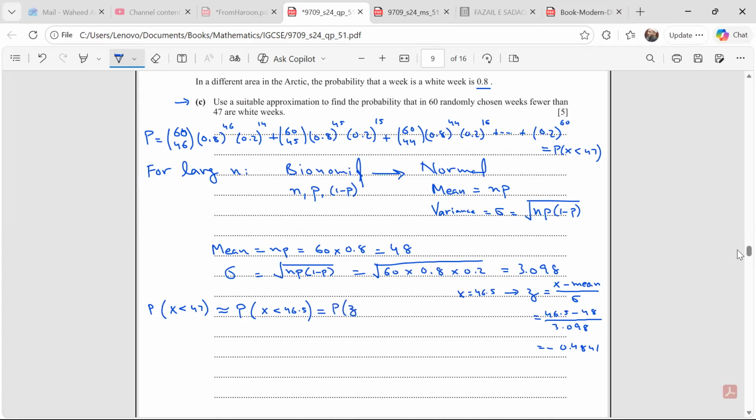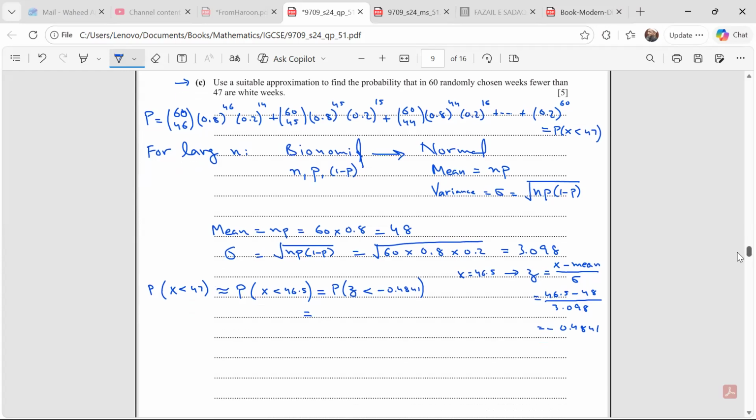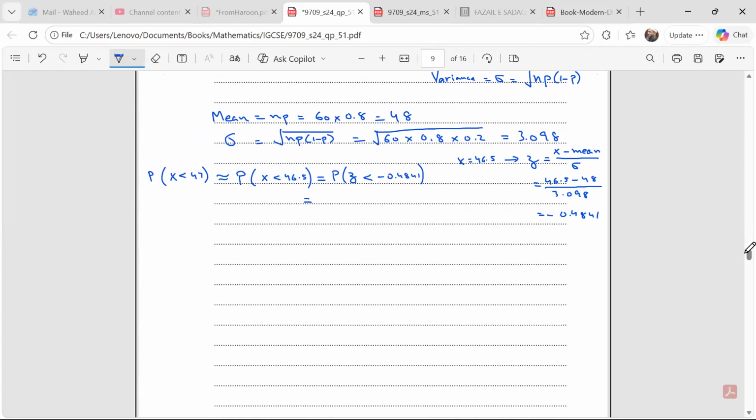So this probability is equal to the probability that Z, a standard normally distributed random variable, is less than minus 0.4841. Remember, the normal distribution is something like this.